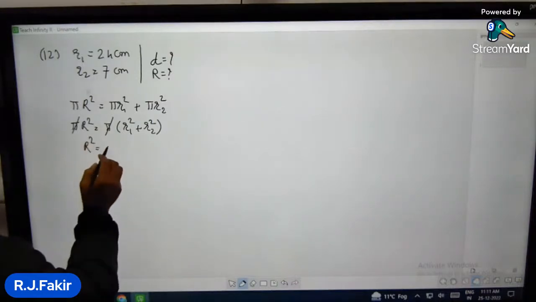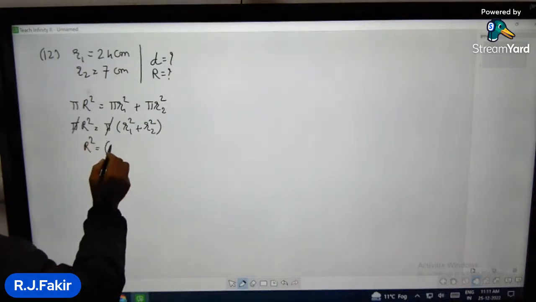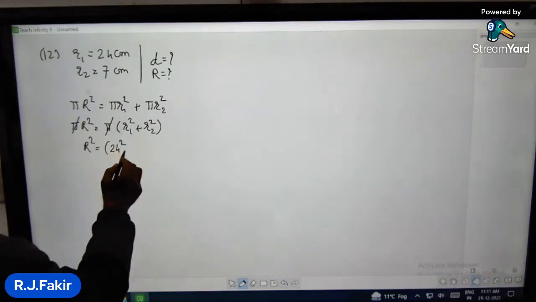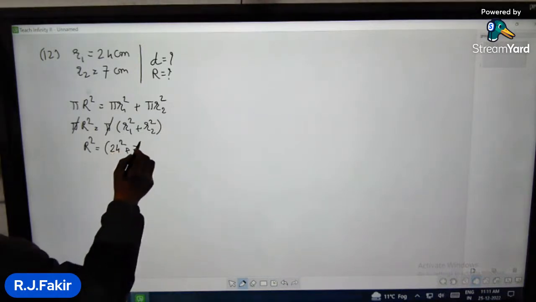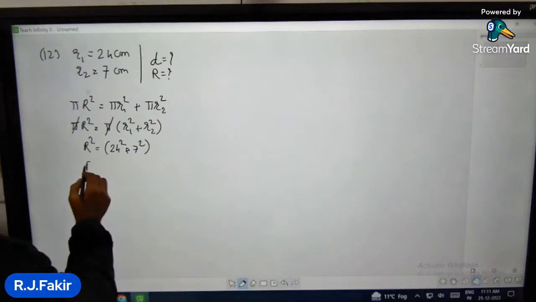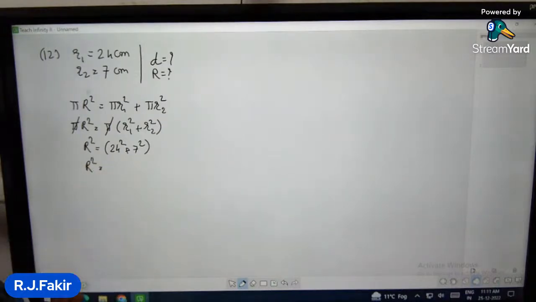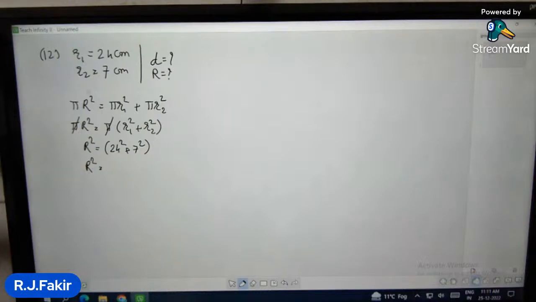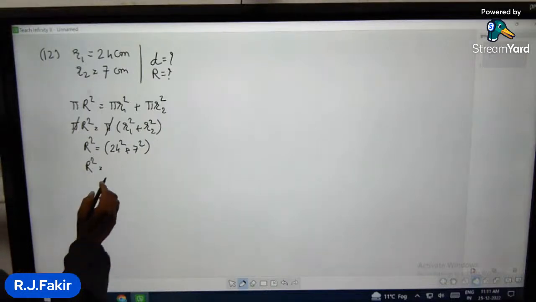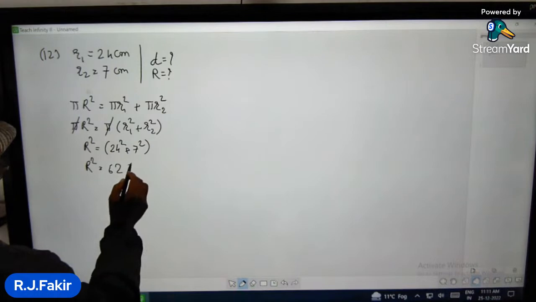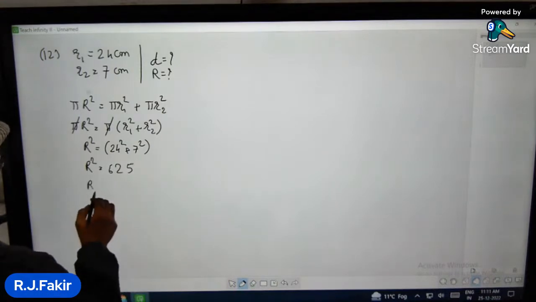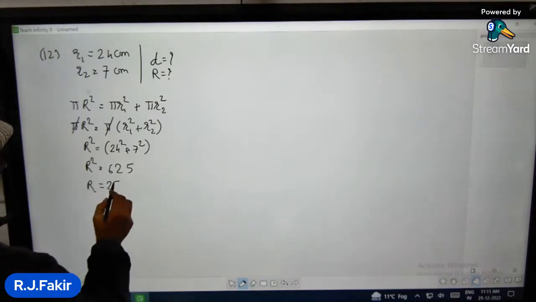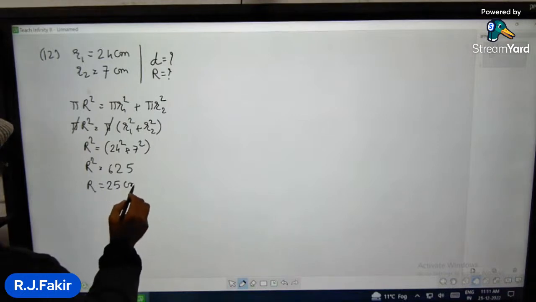So R square is equal to 24 square plus 7 square. And by this you get the capital R. This will be 625, which finally gives R as 25 centimeter.